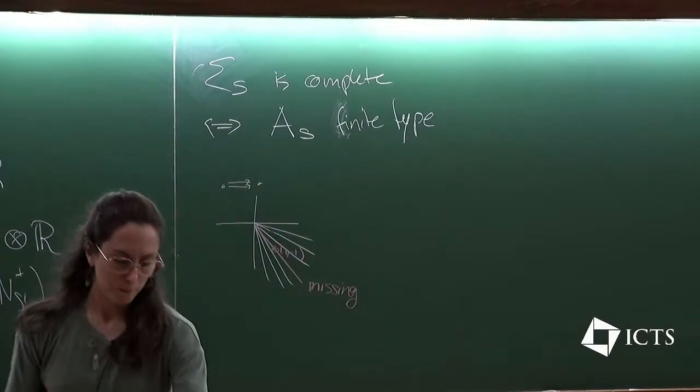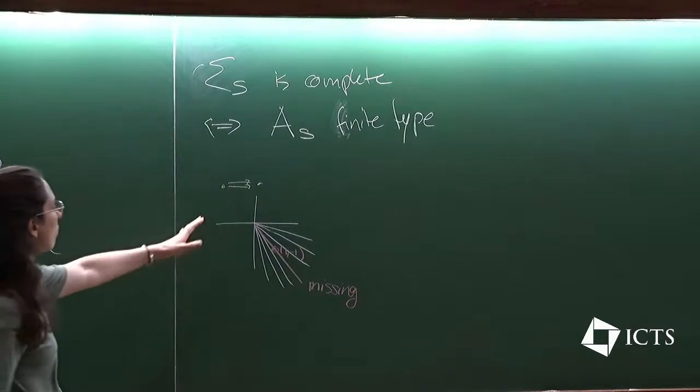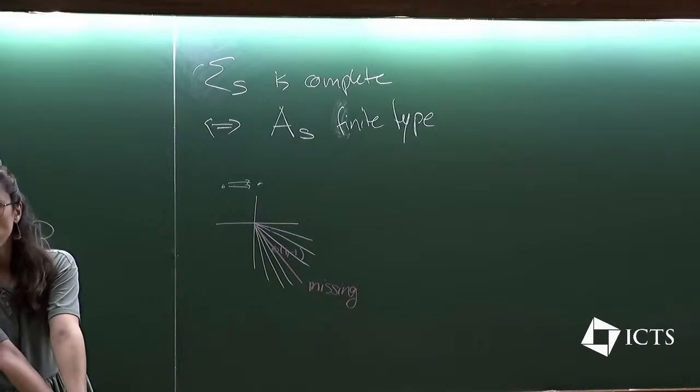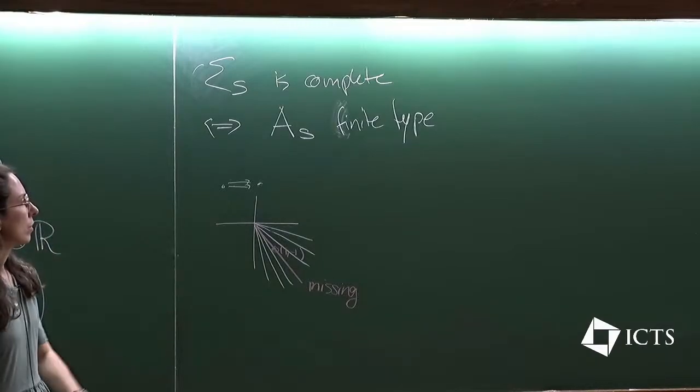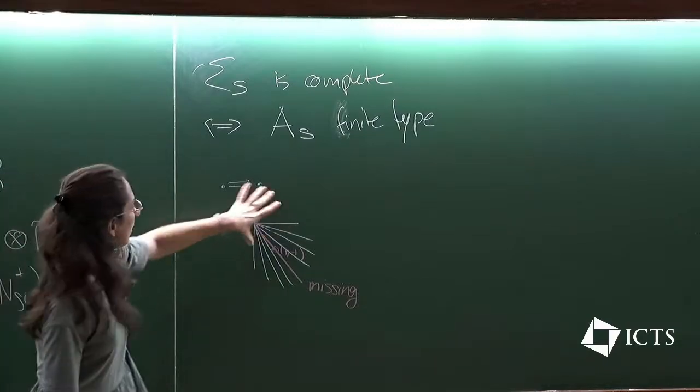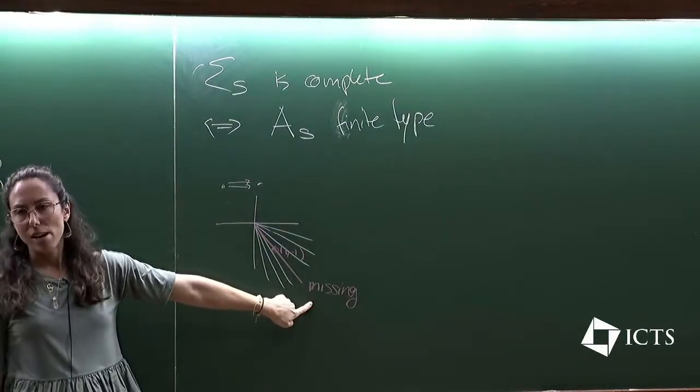And if you go up in rank 2, for example, to a G2 type cluster algebra, this gap becomes bigger. So everything is part of my fan except the red ray.